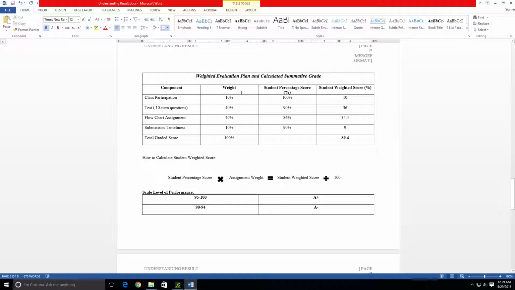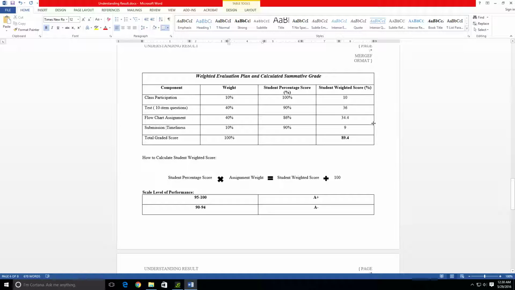Here, I've decided the weighted points for each component and the corresponding percentage score of my students and the calculated student weighted score in percentage.